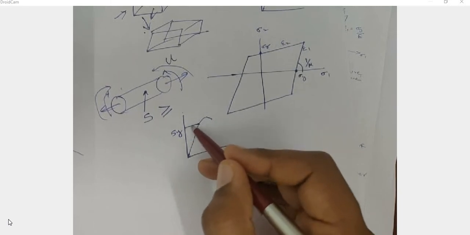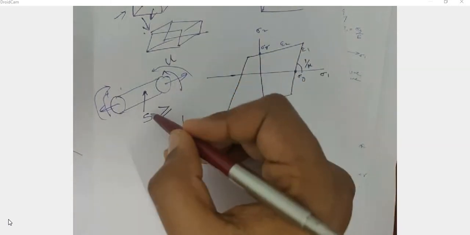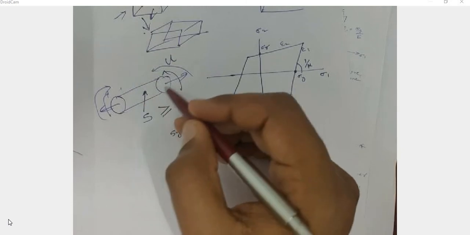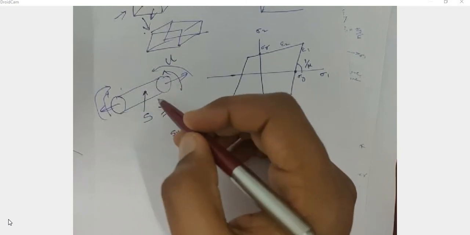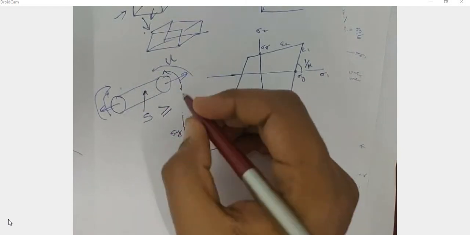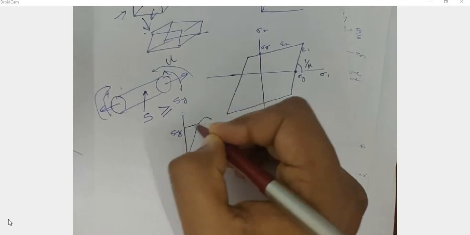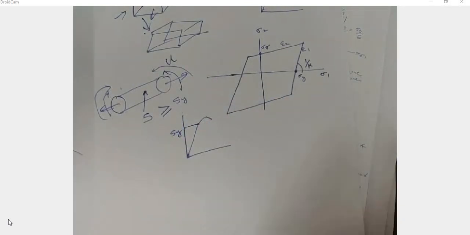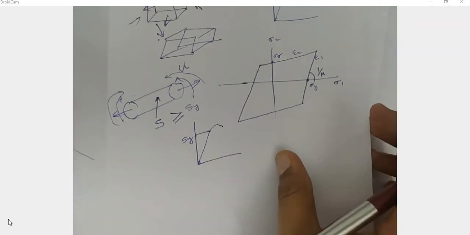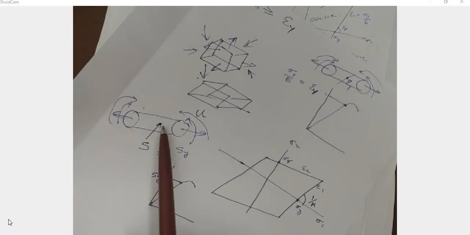So if the strain energy stored in this body under deformation is greater than or equal to the strain energy corresponding to the yield point of the material, then there will be failure. That is explained using this theory. The failure of the material will occur whenever the strain energy density at the most critically stressed point reaches the critical level.